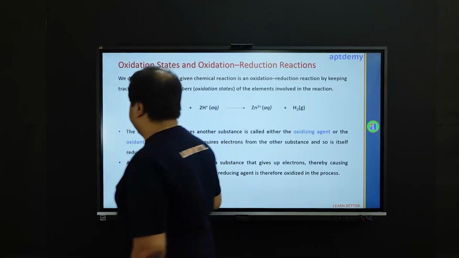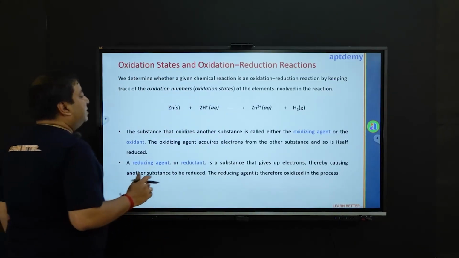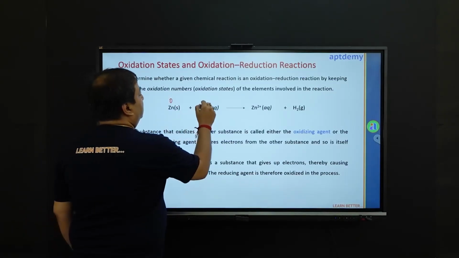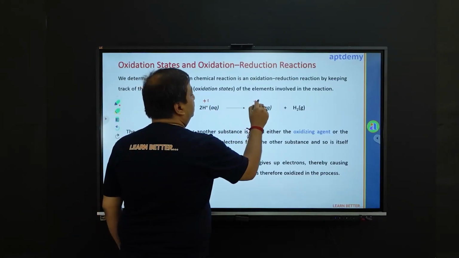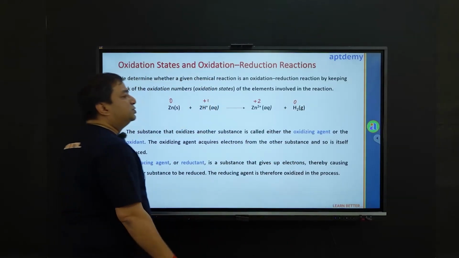So, what can we say? Let me write the oxidation states over here. This is 0, +1, +2, and for H2 it is 0.